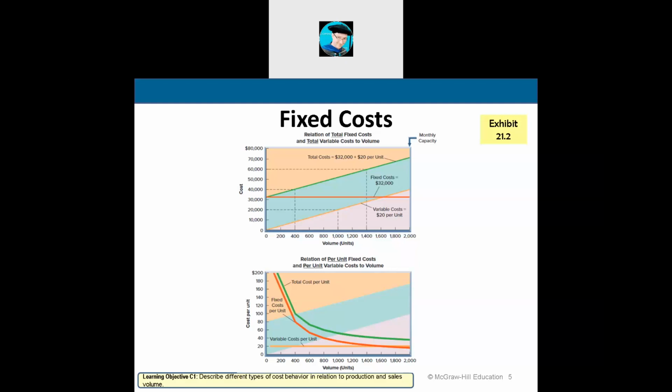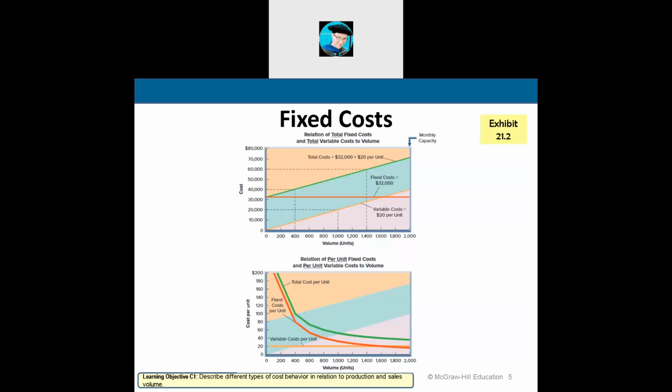So per unit, that $20 per unit represents the variable cost per unit. Variable costs are direct materials, direct labor, factory overhead. Direct materials, direct labor, factory overhead per unit is $20. That remains the same regardless of the number of units I produce. It's still going to cost me $20 per unit. I make one microphone for $20. The next microphone I'm going to make, guess what? $20.